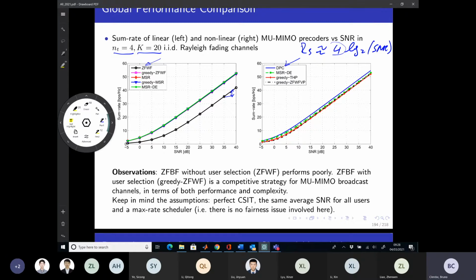Maybe users 1, 4, 8, and 19 would be the good users that would maximize the sum rate. But it would have to go over potentially all possible pairs of users, or rather 4-tuples of users, and find out which subset is the best one. So it can be quite computationally intensive at the transmitter side to figure out which users have to be paired together.